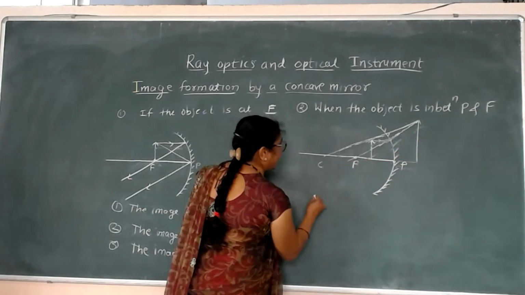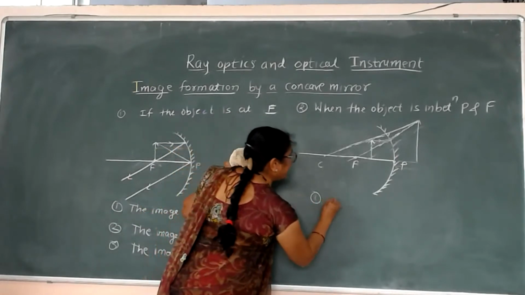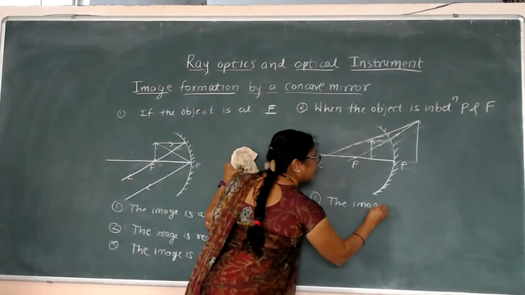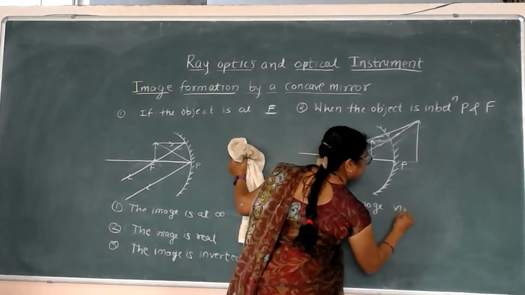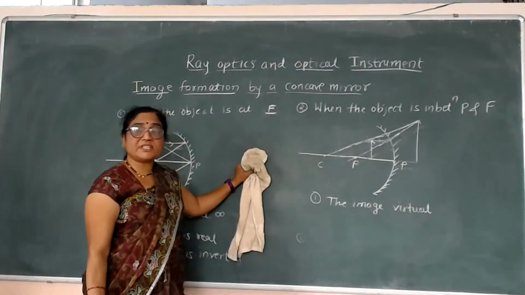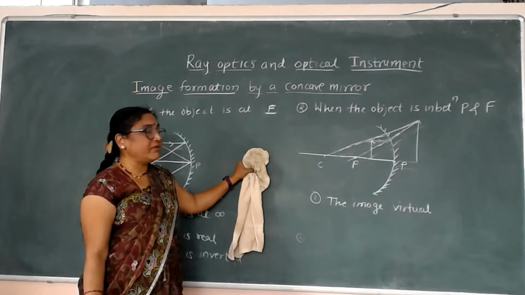So when we explain this figure, the image is virtual. The image which is formed due to the diverging rays is known as a virtual image.